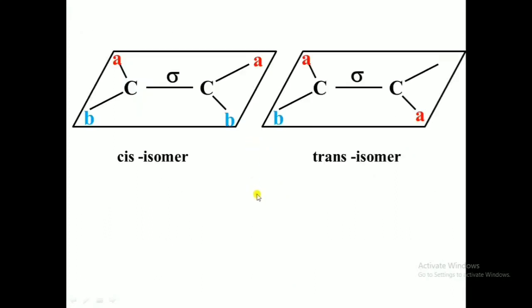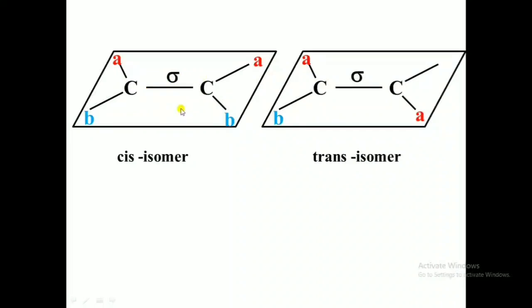Okay, so the question is how this isomerism originates, or how these isomers are arranged differently in space. Consider a carbon-carbon double bond here. I have shown only the single bond now, which is the sigma bond.